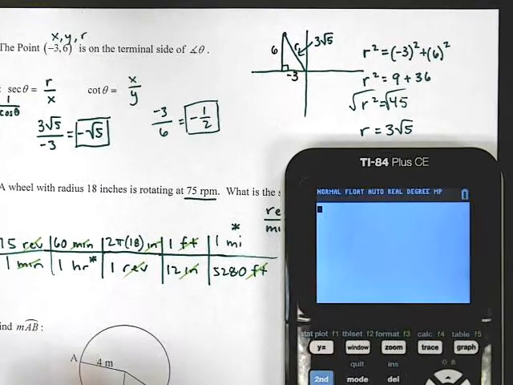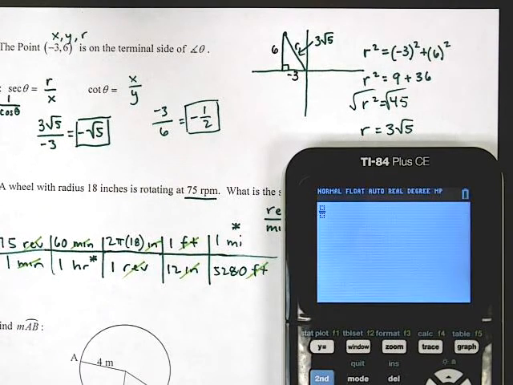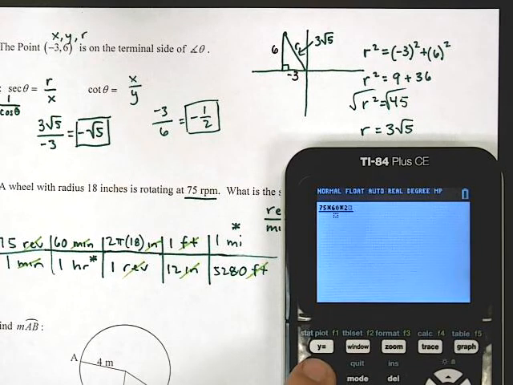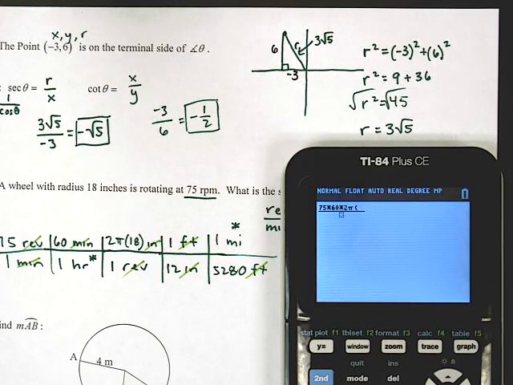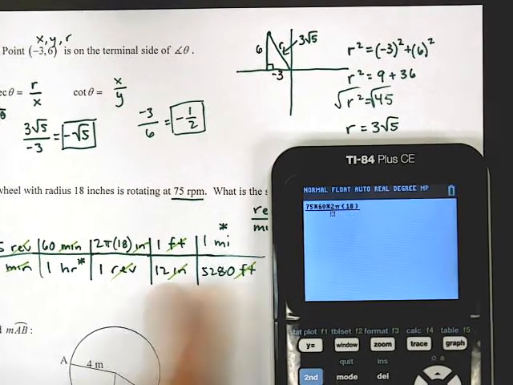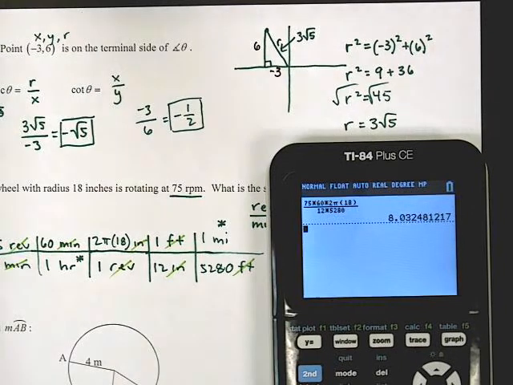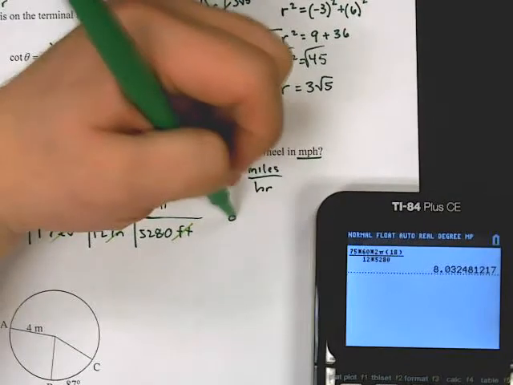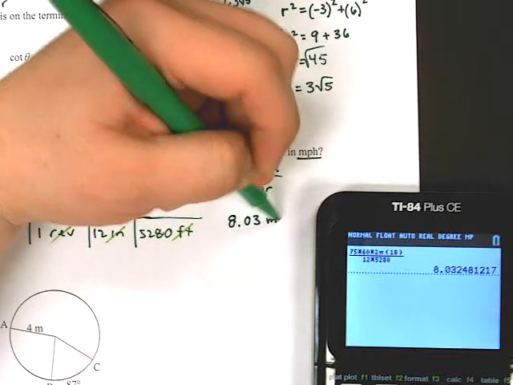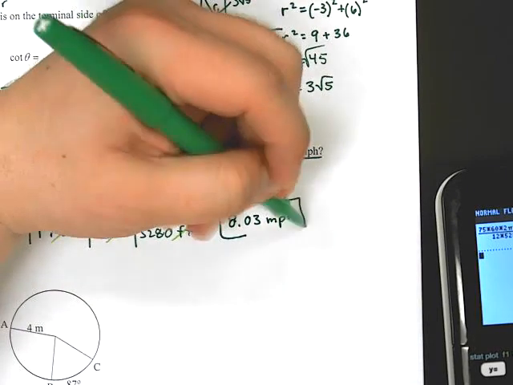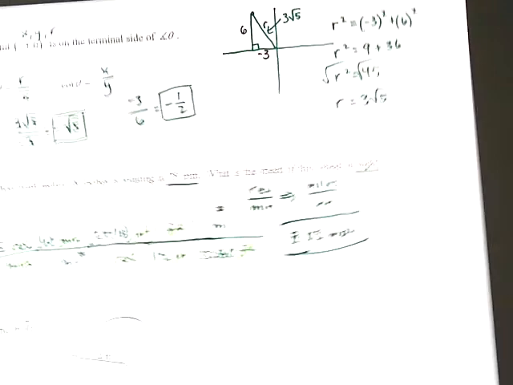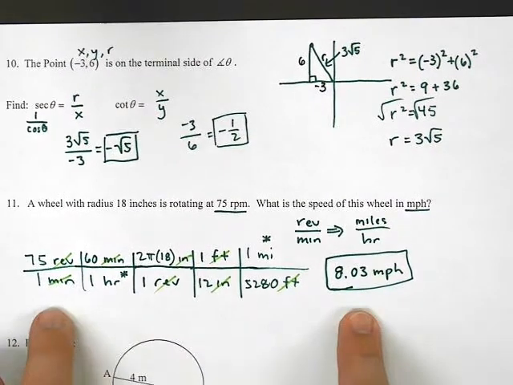So I'm doing 75 times 60 times 2 pi times 18, and that's all over 12 times 5,280. And I'm getting 8.03 mph.